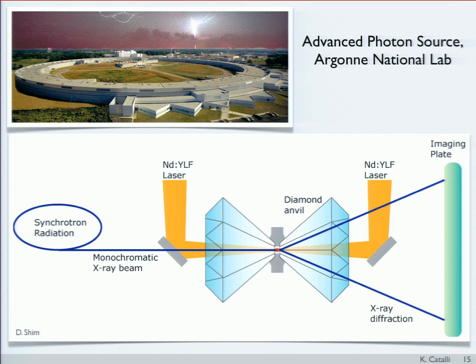And simultaneously co-aligned with the X-ray beam is an infrared laser that we use to heat up the sample to 2,000 to 3,000 Kelvin generally. So we're simultaneously at very high pressures and high temperatures and taking X-ray diffraction patterns to measure what the stable phase assemblage is in the sample under those conditions.